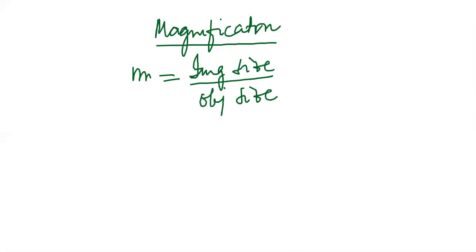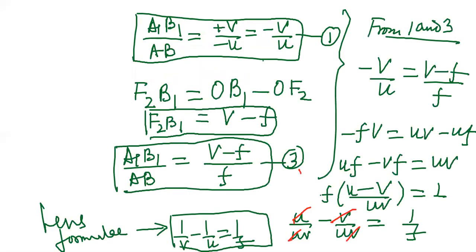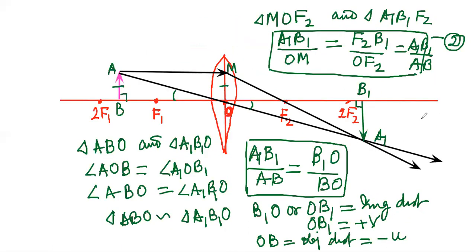Now I move on to the previous page once again. I would like to draw your attention to this particular figure. Here AB is the object, A1B1 is the image. So can I not write AB, since it is above the principal axis, as plus HO, that is the height of the object, and A1B1, that is below the principal axis, as minus HI, that is the height of the image.